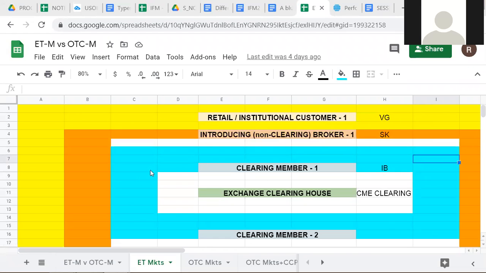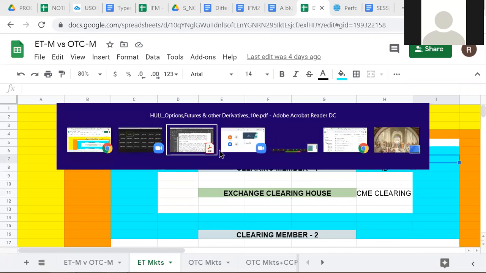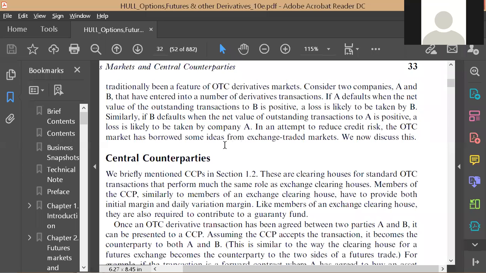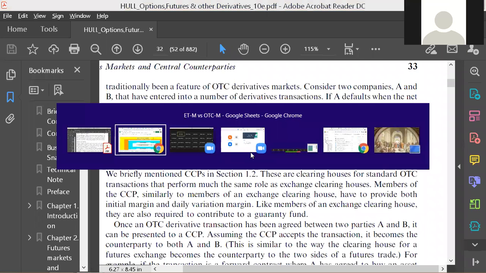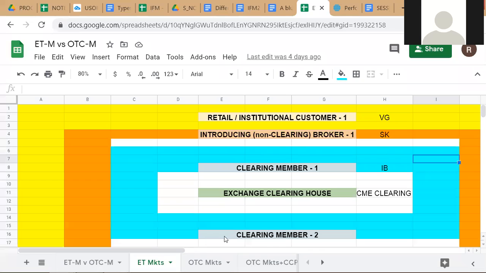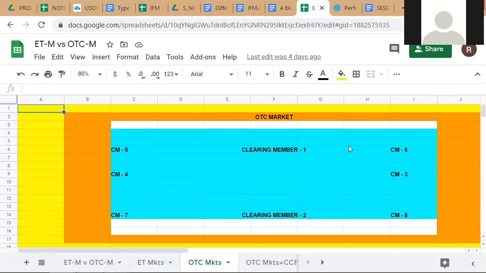Okay. So right now, before we come to central counterparty, please make sure you understand what's going on here. This is where you have credit risk intermediation by the exchange clearinghouse, and in the case of OTC markets, you have no such intermediation.